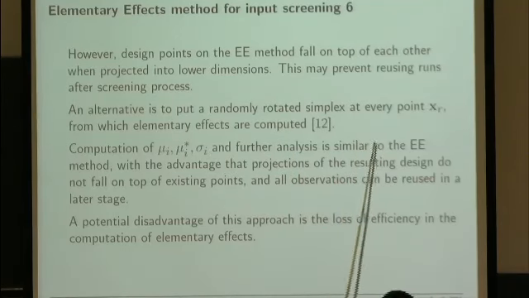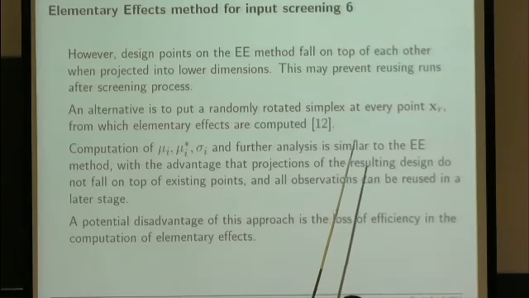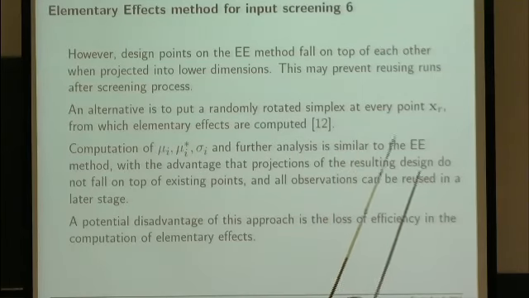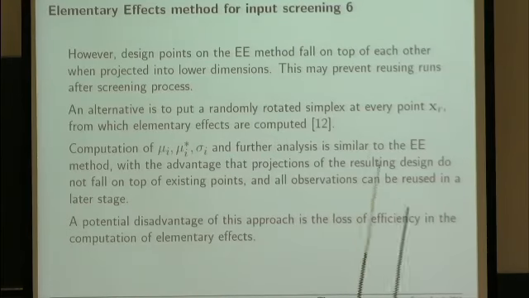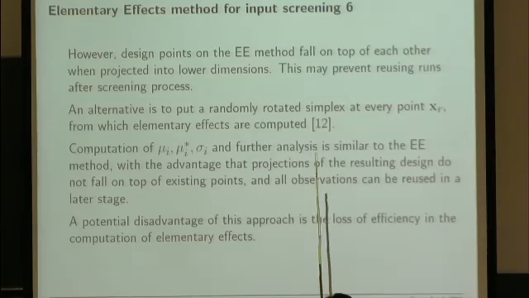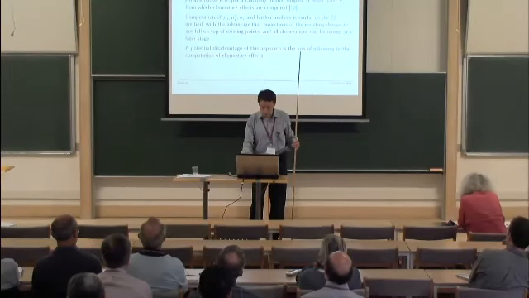The elementary effects are defined, again, as the slopes of the linear model fitted at each of these inputs. Naturally, a potential disadvantage of this approach is loss of efficiency, as moving along the axis is optimal for estimating those parameters in the linear model.